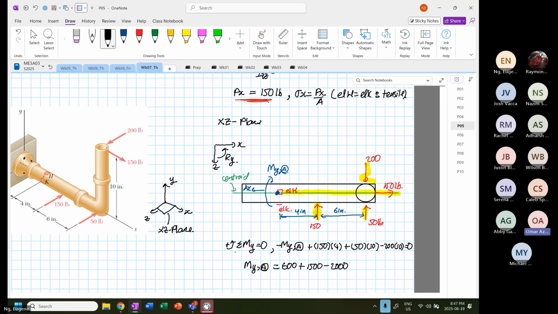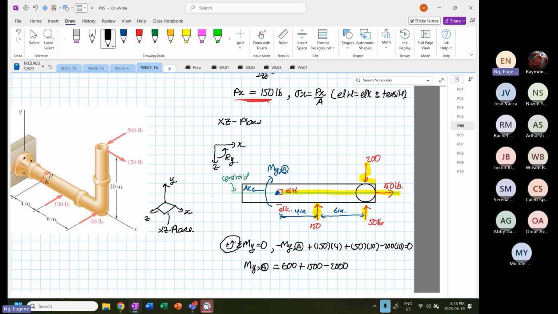Isn't MYA supposed to be positive on that axis, just based on the direction of the forces? Hold on, 600. Say it again. The MYA, when we're doing the summation for the moments, isn't it supposed to be positive? No, it's negative because positive is in anti-clockwise direction.